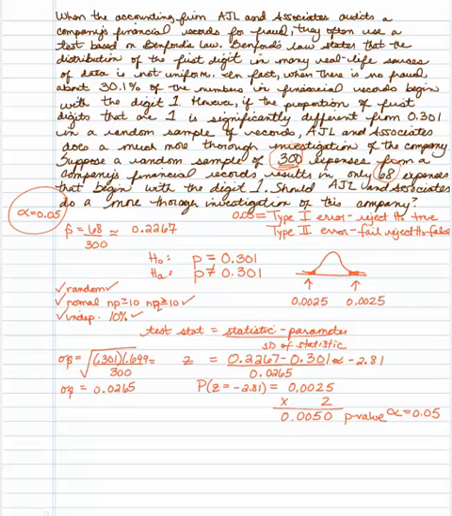When you look at this, P is low, reject the H0. So we're going to make sure that we state that in our sentence at the bottom. Since the p-value is lower than alpha, we reject the null hypothesis.